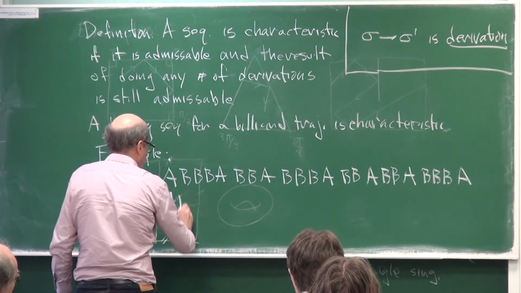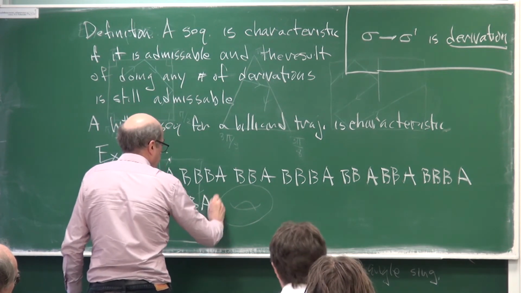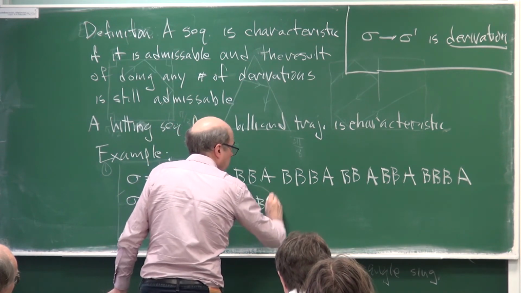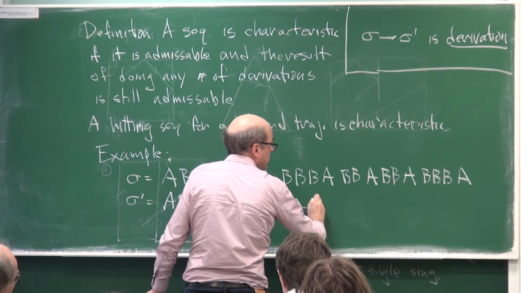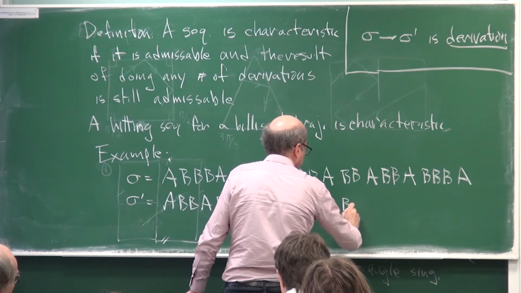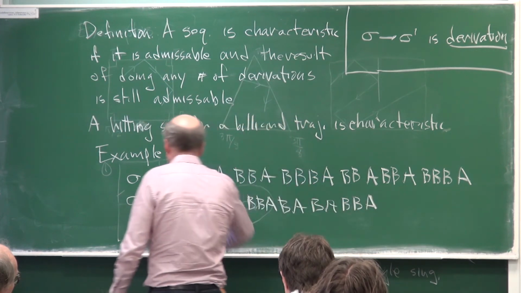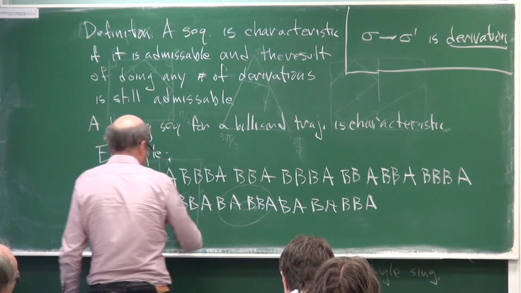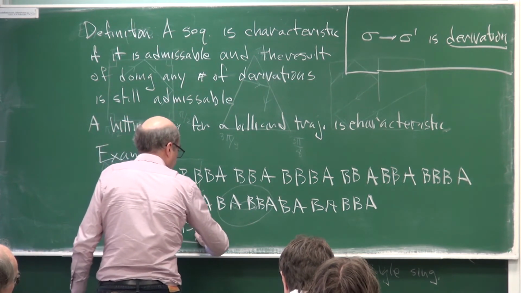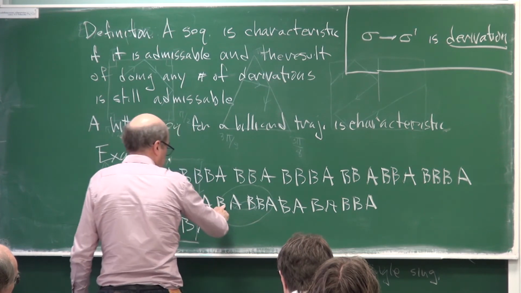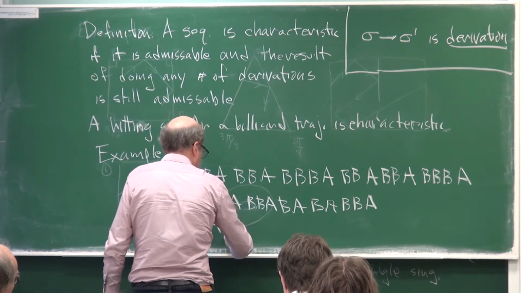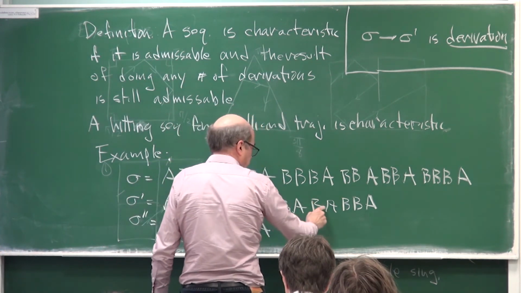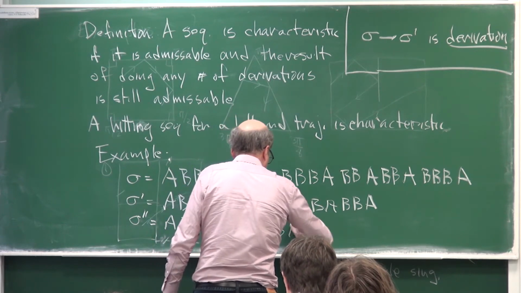So we get A, B, B, A, B, A, B, B, A, B, A, B, A, B, B, A. And if we derive again, as we know we can, we get A, B, A, we dropped out the B, A, B, A, dropped out the B, B, A.